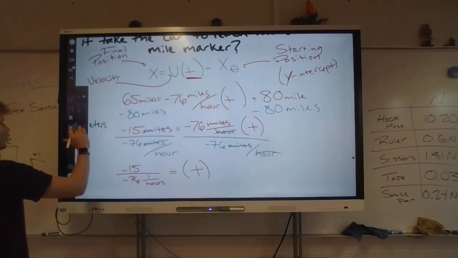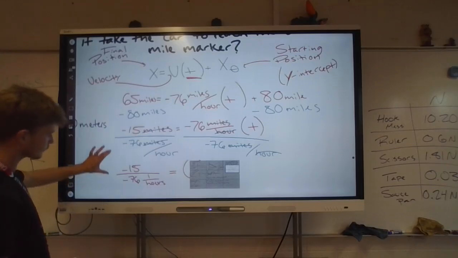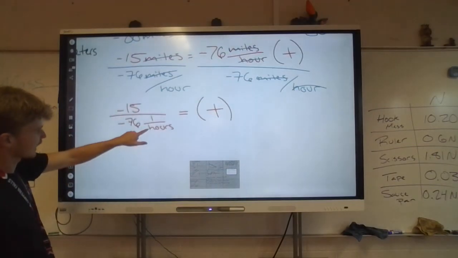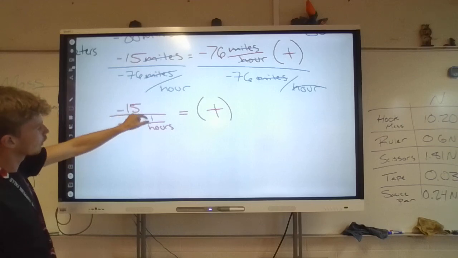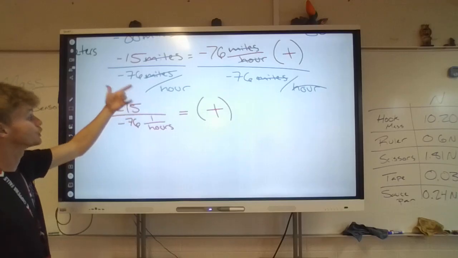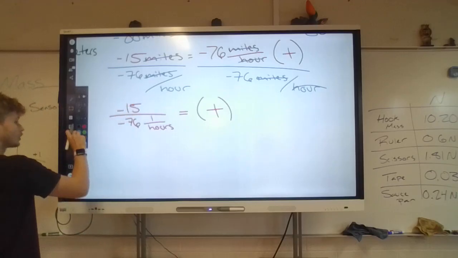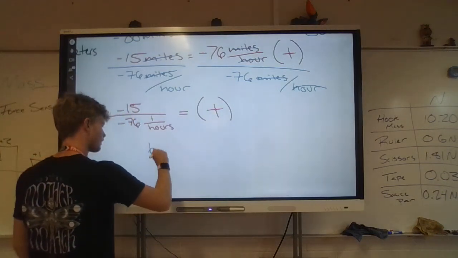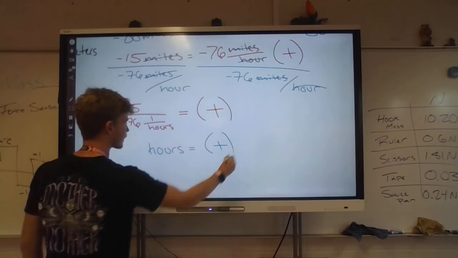Well, I don't want a decimal, so we're going to work on this. We're going to input this into a calculator. As for our last unit here, it is hours, and we have a fraction in a fraction. So 1 over hours, you can simply undo this by moving hours on top, and our final answer's unit will be hours. So our final unit for time is going to be in hours.